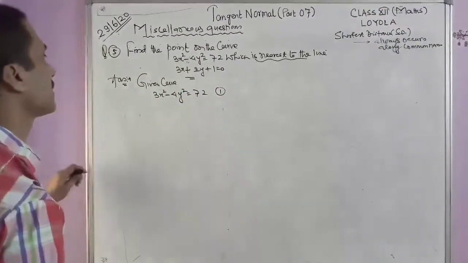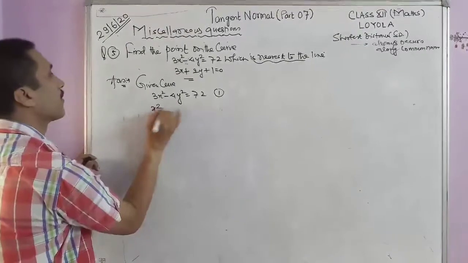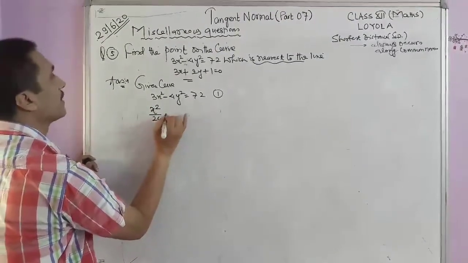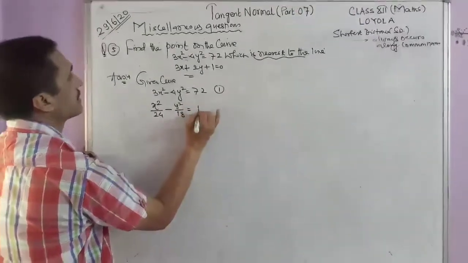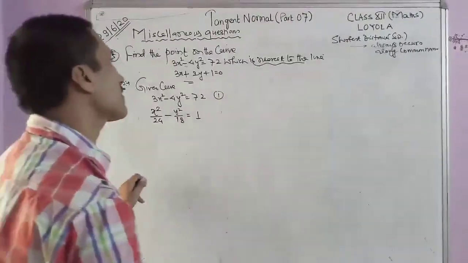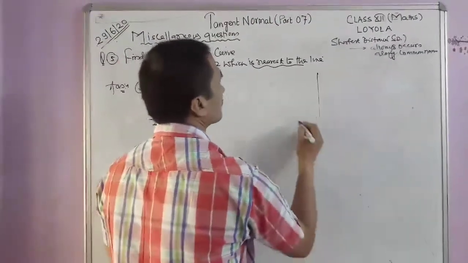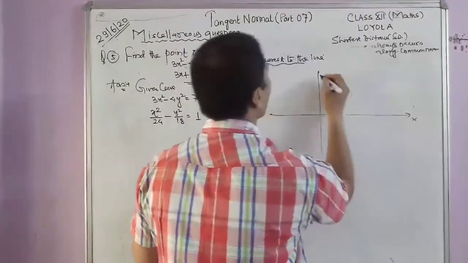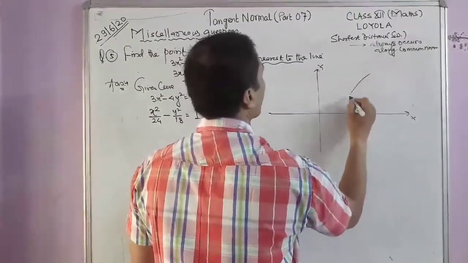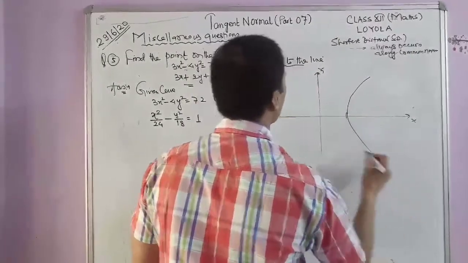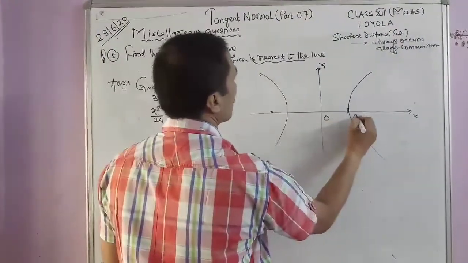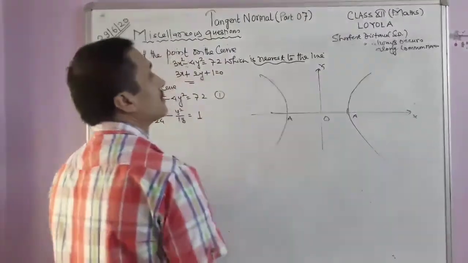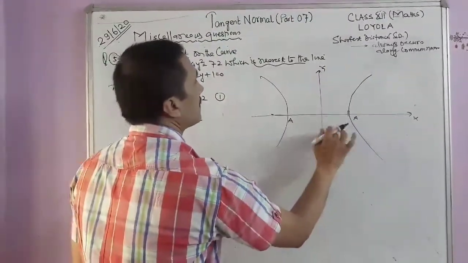We know this is the equation of a hyperbola, x square upon 24 minus y square upon 18 equal to 1.